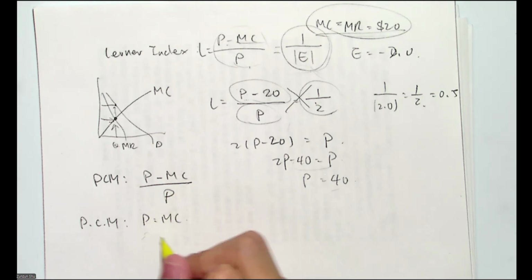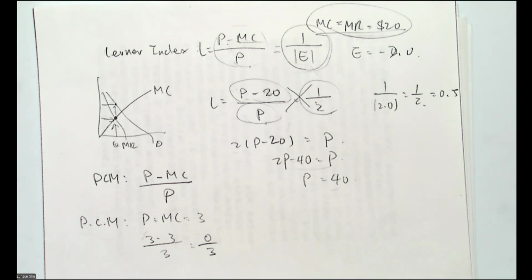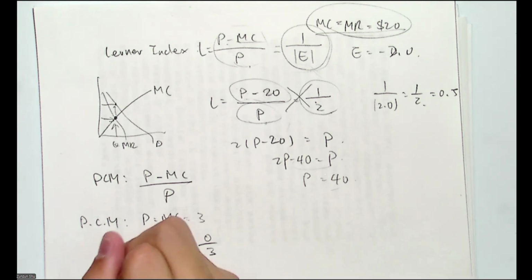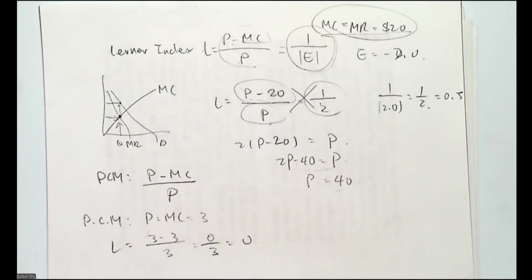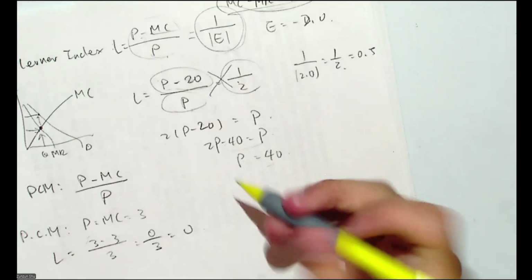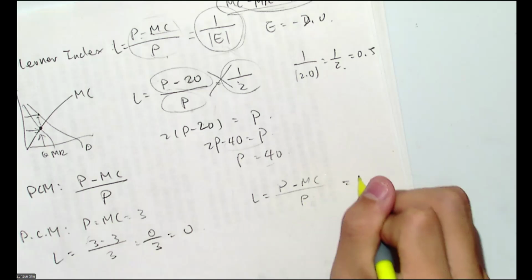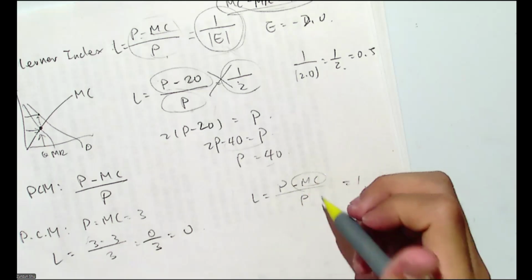So P equals MC. Therefore, if we assume all of them are equal to a random number, 3, then 3 minus 3 over 3 is 0 over 3. Your perfectly competitive Lerner index is always going to be 0. Now you might ask, when would the Lerner index be 1? When P minus MC over P is equal to 1, and your MC is equal to 0.